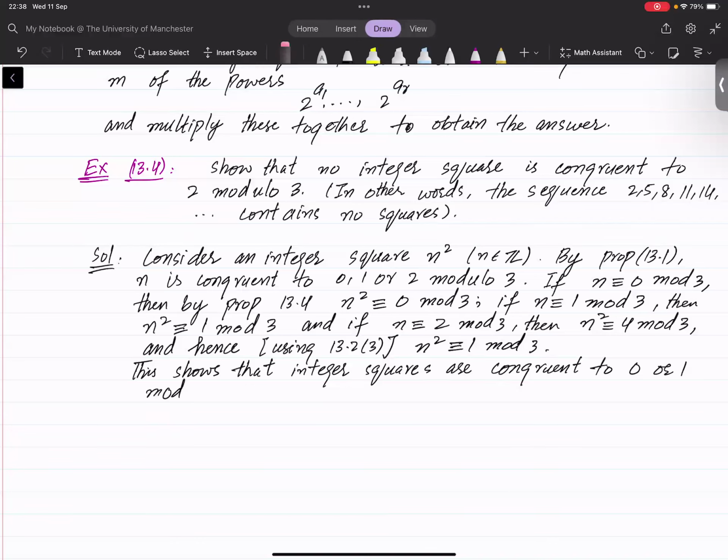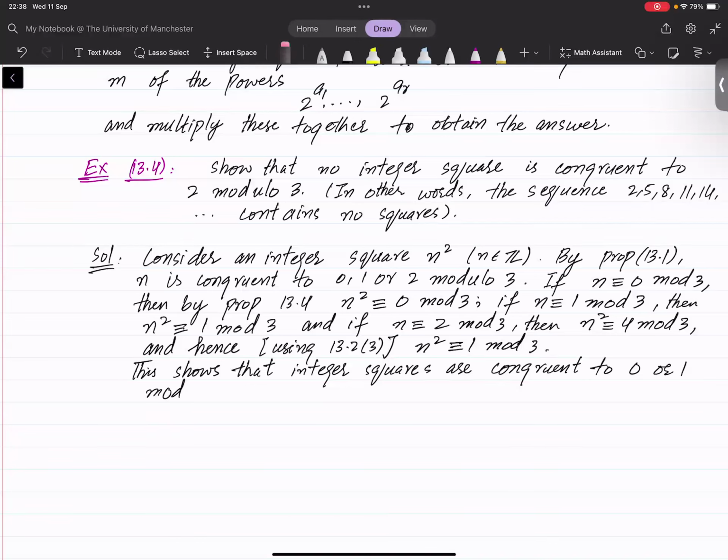Now, unlike addition and multiplication, we can't always divide congruences modulo m. So let's write the fact. We cannot always divide congruences modulo m.